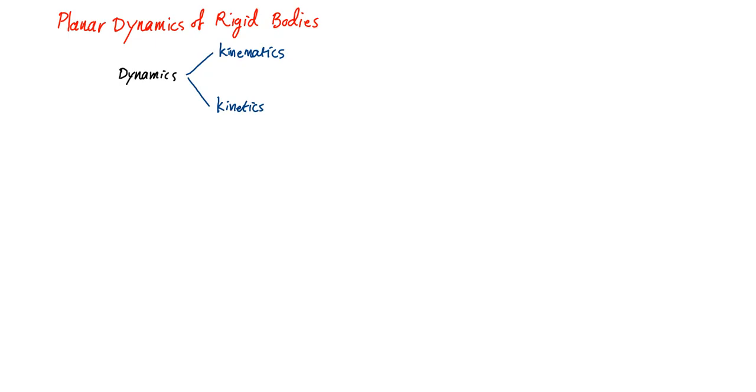Kinematics is what we were doing before, right? We were studying the kinematics of rigid bodies previously. So this is just a category, or a subcategory, I would say, that deals with positions, velocity, and accelerations.